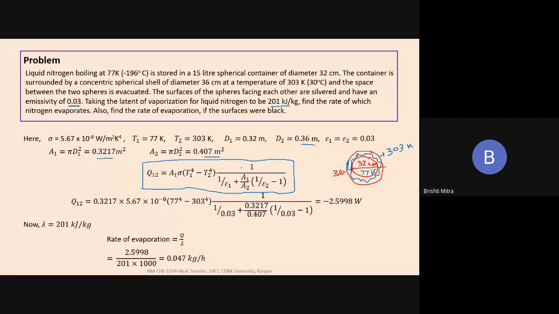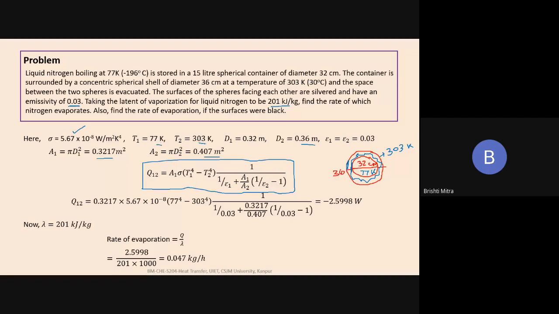So we have the areas A1 and A2. Sigma is a standard value, 5.67 into 10 to the power minus 8 watt per meter square Kelvin to the power 4. T1 is the inner sphere, which has a temperature of 77 Kelvin. T2 has a temperature of 303 Kelvin.